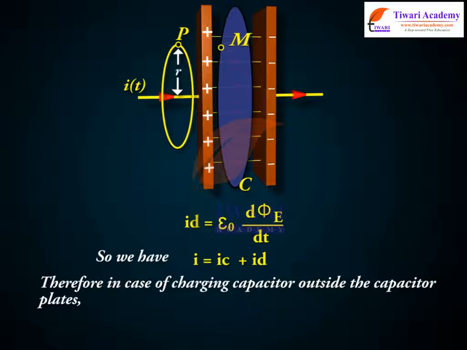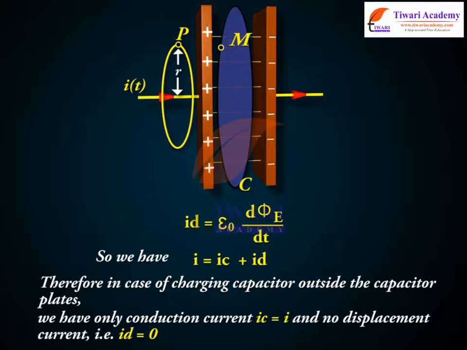Therefore, in case of charging capacitor, outside the capacitor plates, we have only conduction current. IC is equal to I and no displacement current, that is, ID is equal to 0.